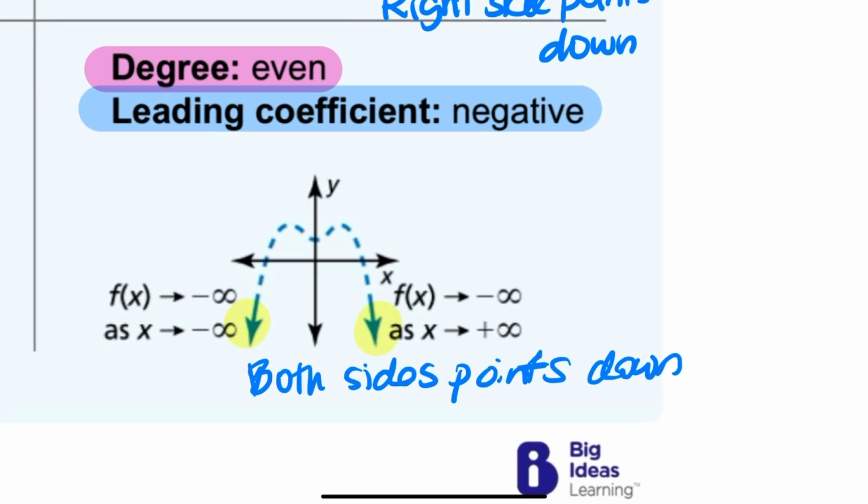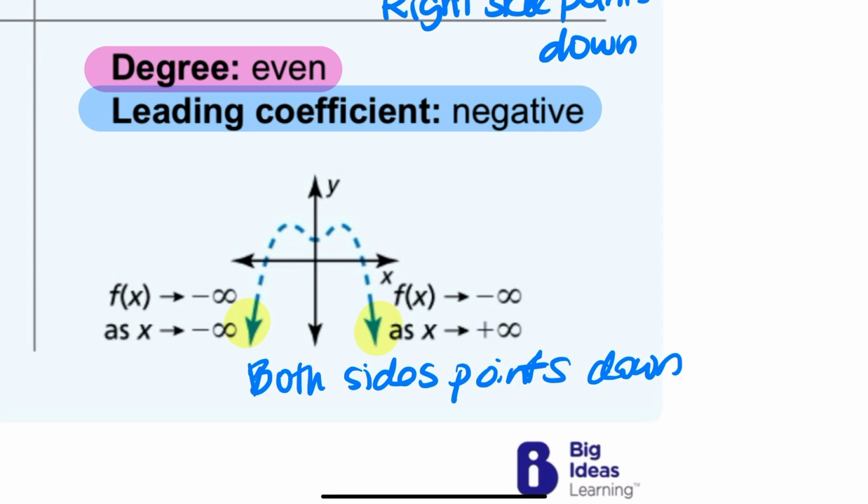That tells us that both ends of the graph will be facing downwards, okay? We know that the degree is even. We don't know what even number it is. We don't know if it's 2, 4, 6, 8, 10. So we don't know the amount of curves that are in the graph, but we do know that the beginning of the graph will face downward, and so will the end of the graph. Both ends will be pointing down.